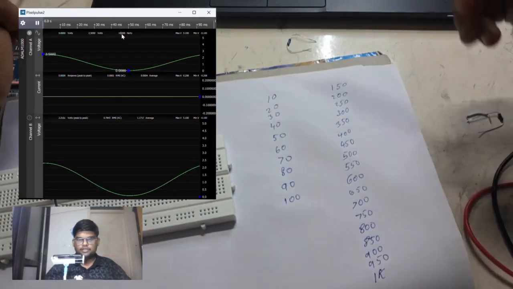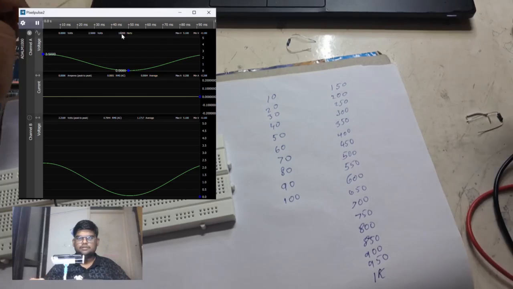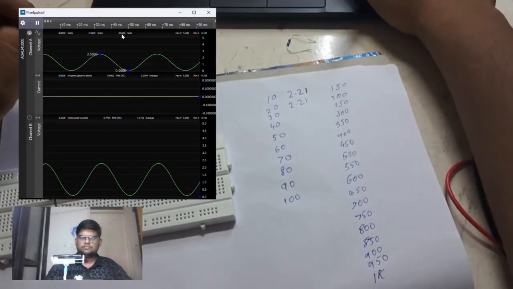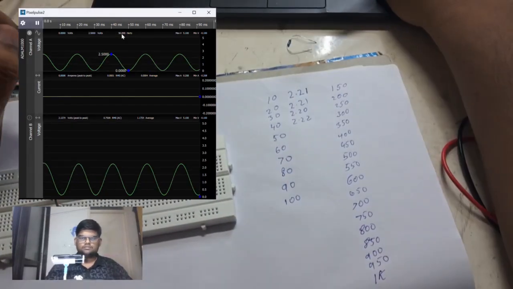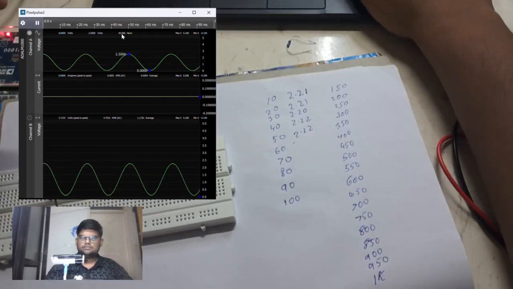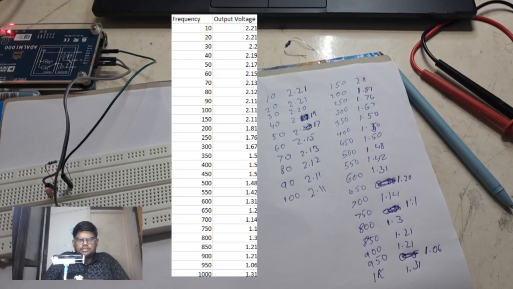I am going to measure the peak to peak voltage. Looking at the measured values, we can see that the graph started to decline at about 150 to 200 Hz.